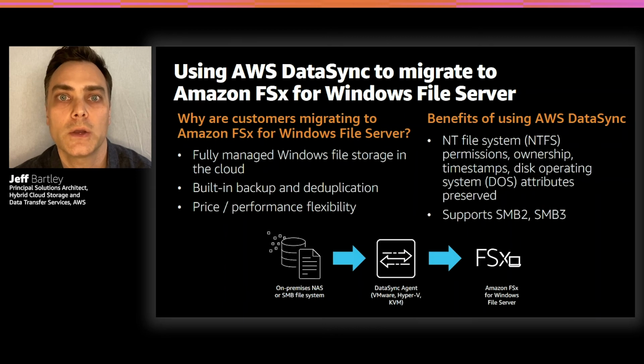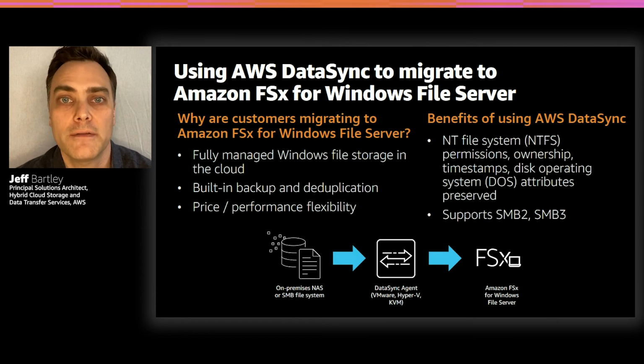So you can create SSD configurations or HDD configurations for lower cost, and it also gives you options for how you want to configure the performance of your FSx file system. So FSx gives customers a lot of flexibility in how they want to store and access their data in AWS.